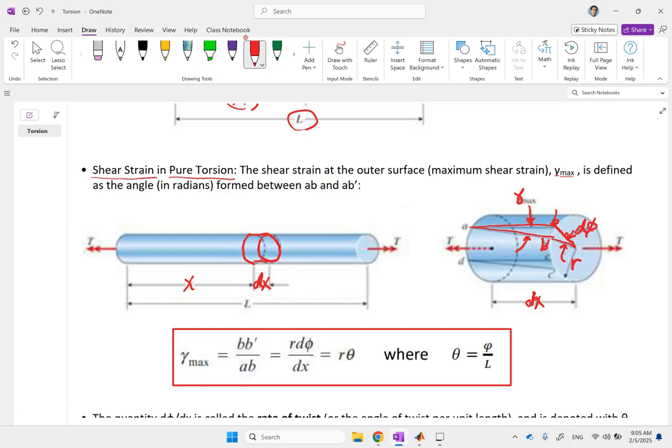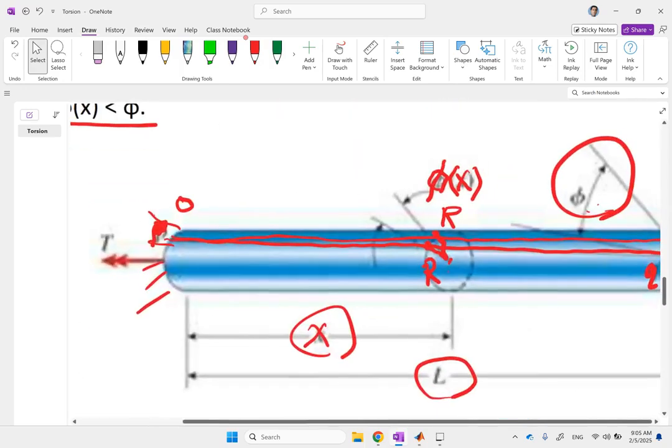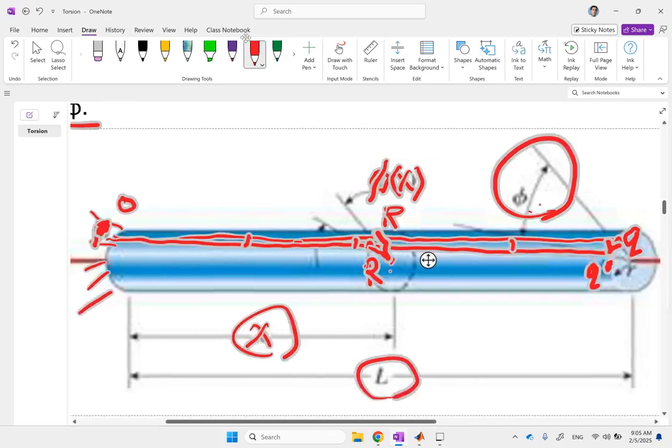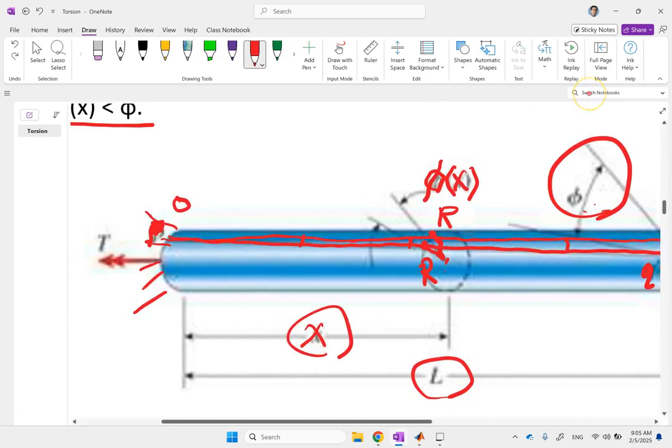One thing you have to consider about this gamma is the same for the entire shaft or for an element. Because if you go back and look at this picture, if I zoom in, you can see that this side angle is the same at all locations. Whether you look at it here, here, or here, anywhere you look at that angle is the same.